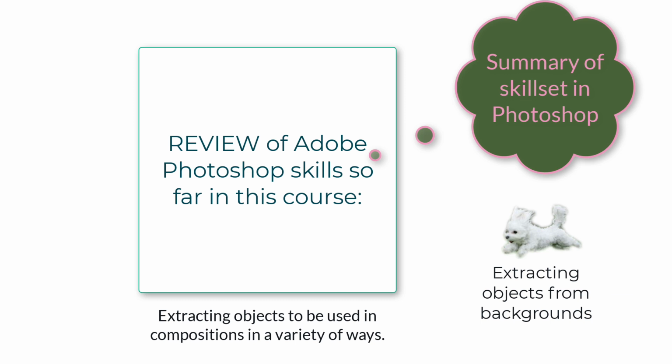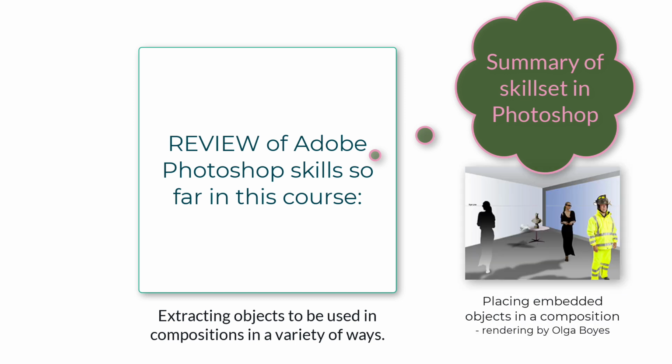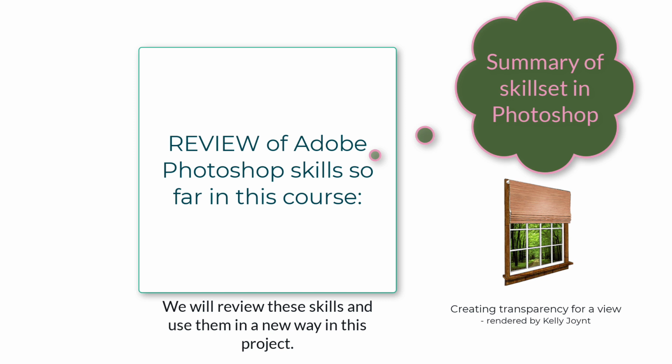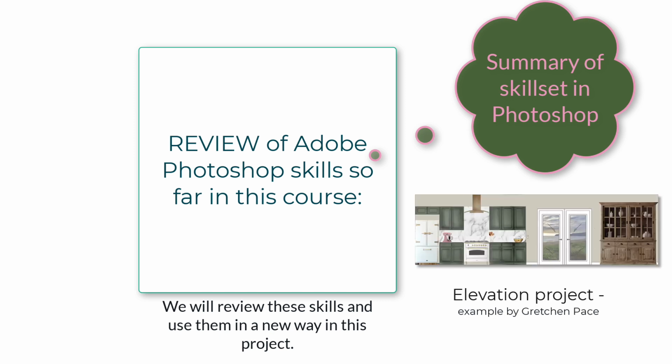Extracting objects from backgrounds, placing embedded objects within a composition, creating digital presentation boards, creating transparency for a view. We will review these skills and use them in a new way in this project.